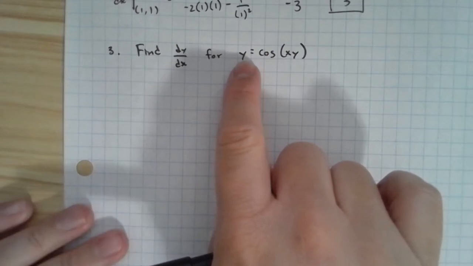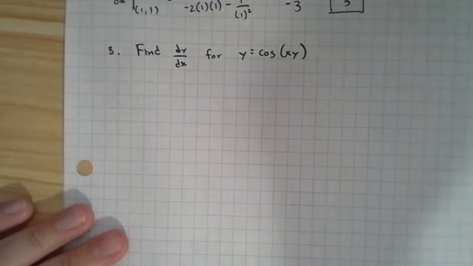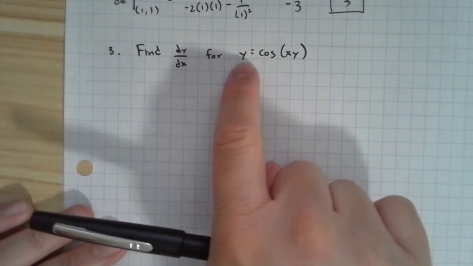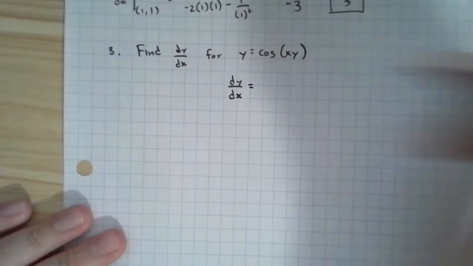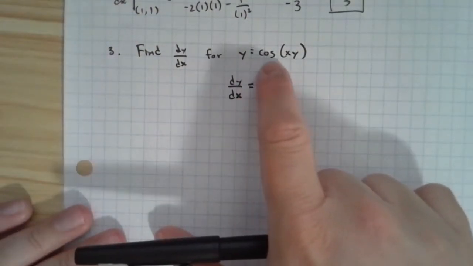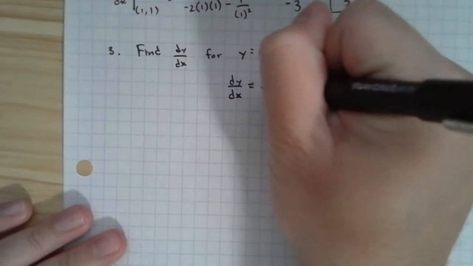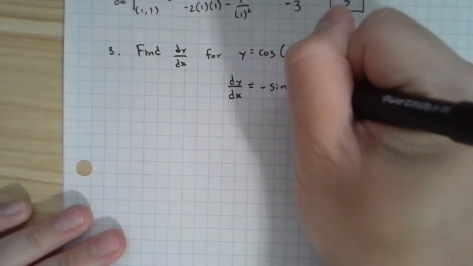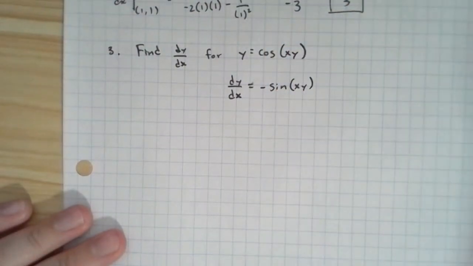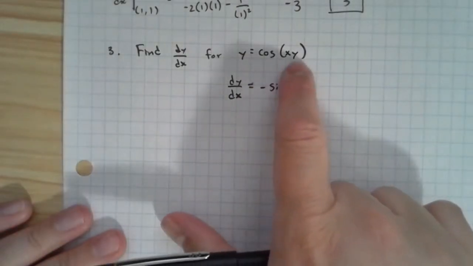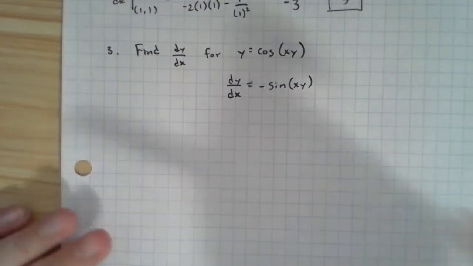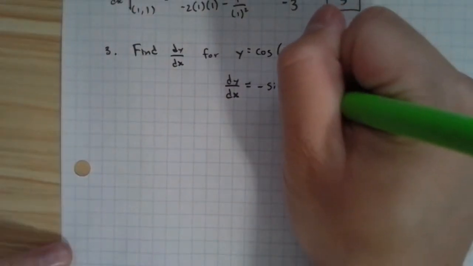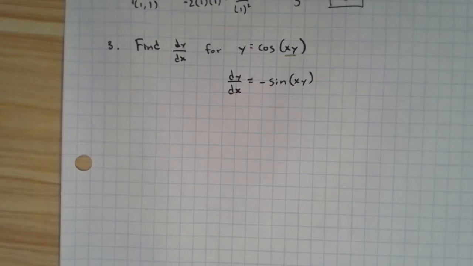It's a linear variable, just like the derivative of x is 1. So dy dx is equal to the derivative of cosine, which is negative sine, right, so xy, times the derivative of the argument of the trig function. So the derivative of xy. Now xy, again, that's a product. So you have to do the product rule of derivatives there.